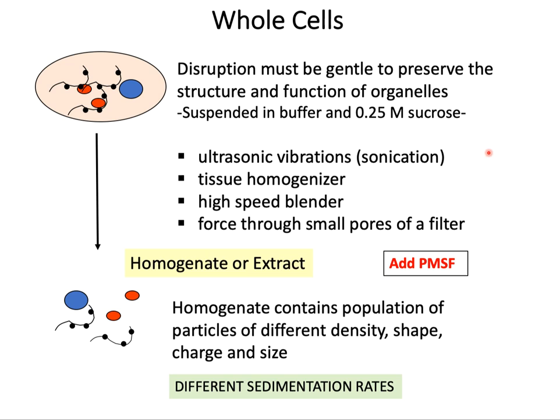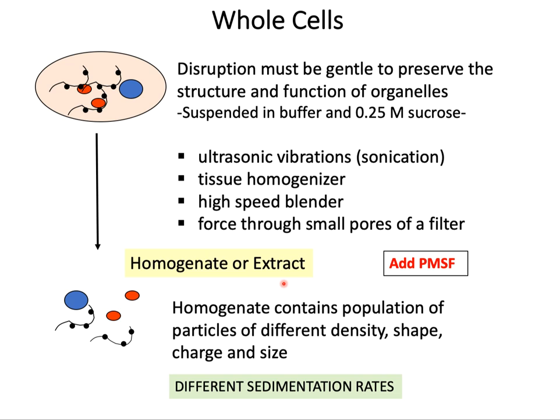So once you disrupt the cells, you have a homogenate, sometimes called an extract. The homogenate contains a mixed population of particles of different density, shape, charge, and size.